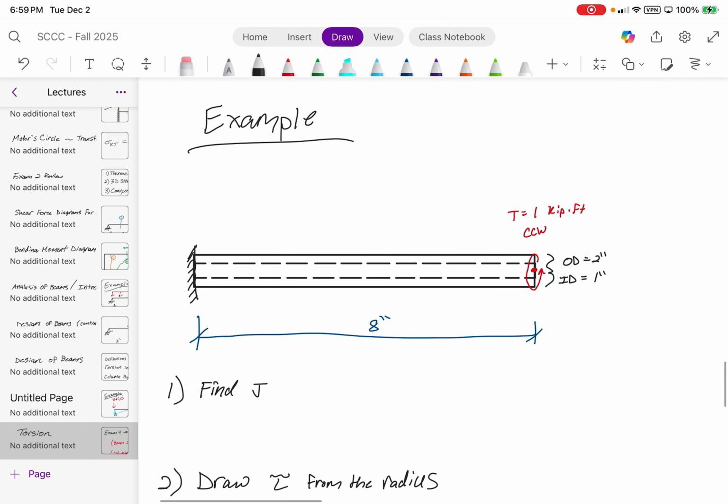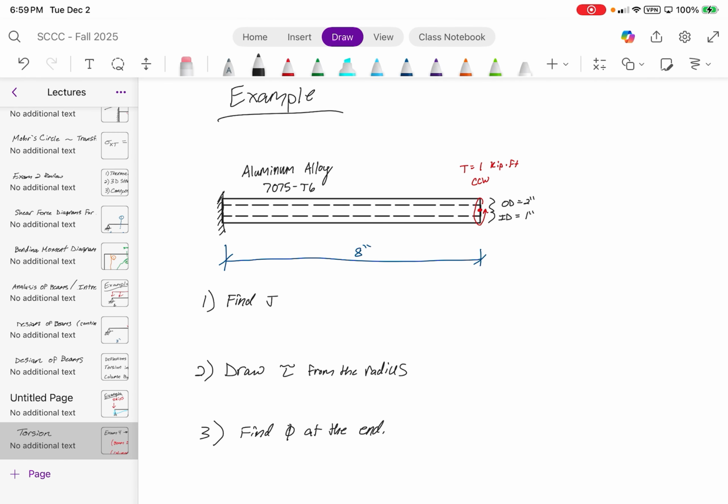And then I want this to be aluminum alloy. Specifically 7075 T6. All right. Give you guys a few minutes to solve that.